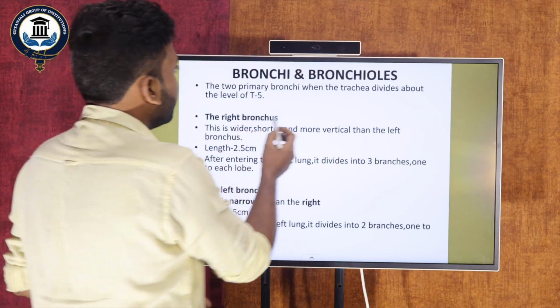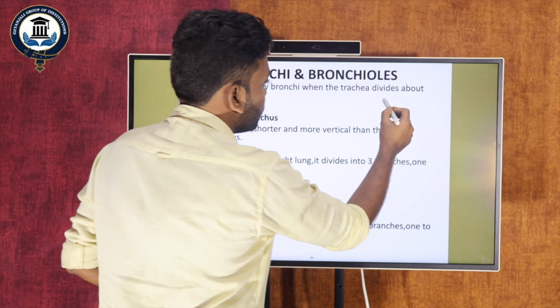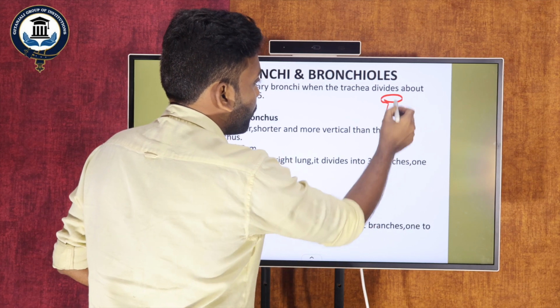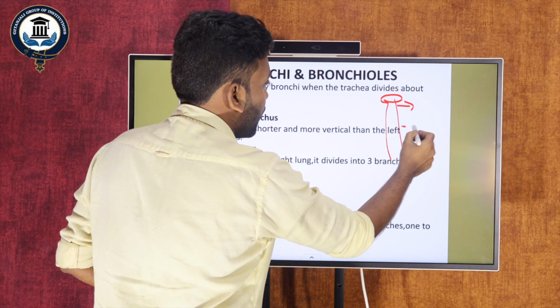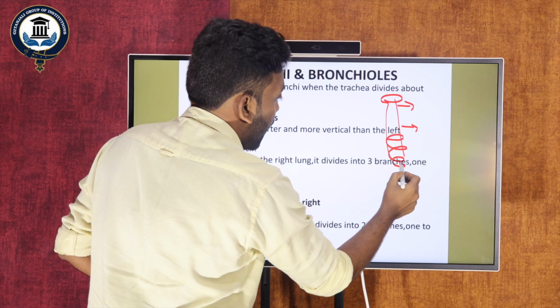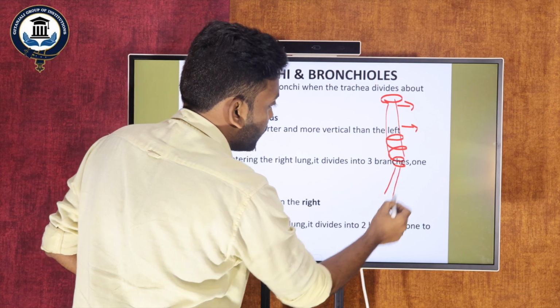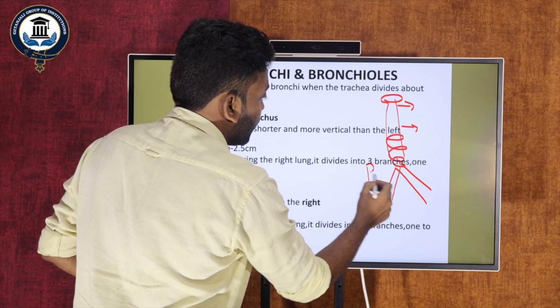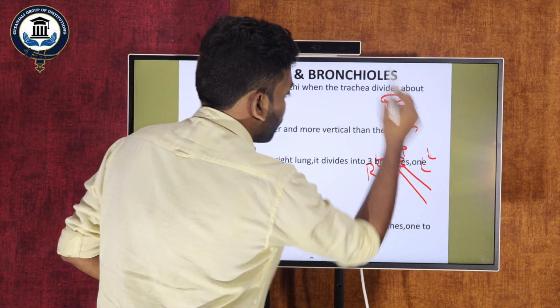If you can see here, this is the nasal cavity, and the following parts are the pharynx, larynx and trachea, and the next part is called the bronchi. As we know, there is a right bronchus and a left bronchus.